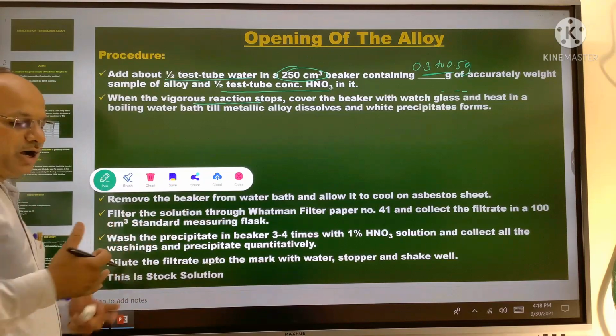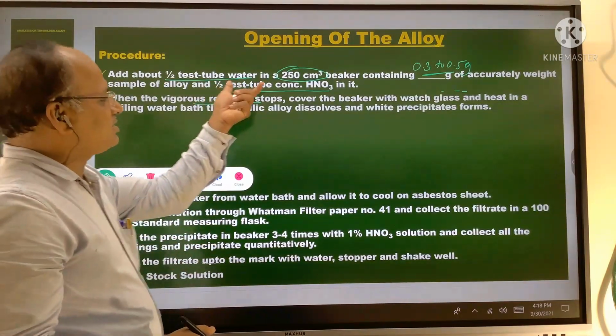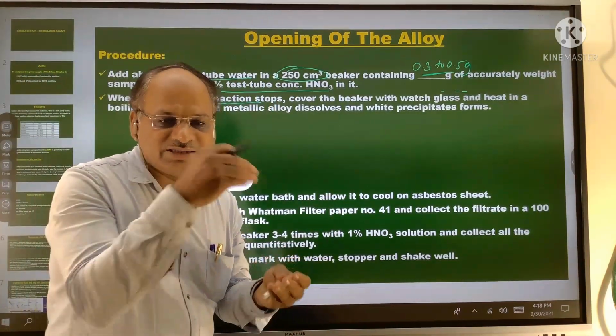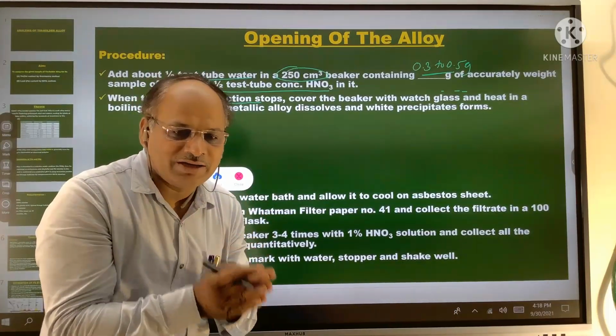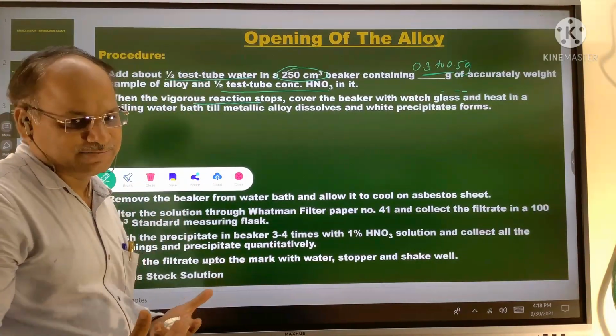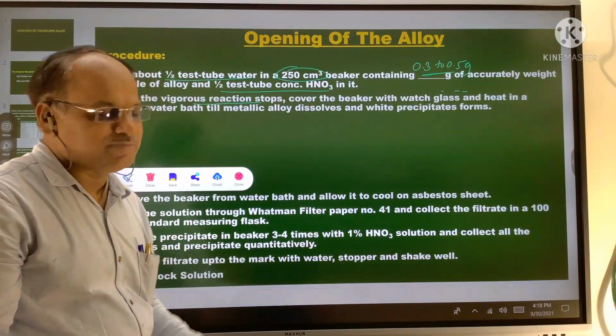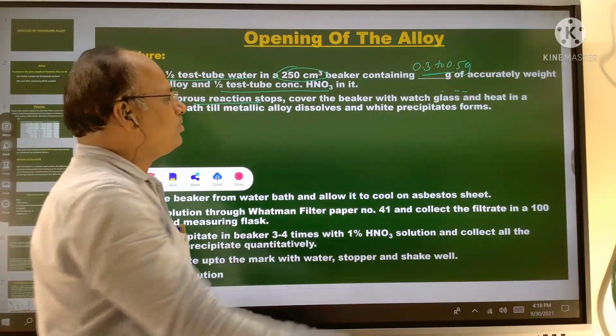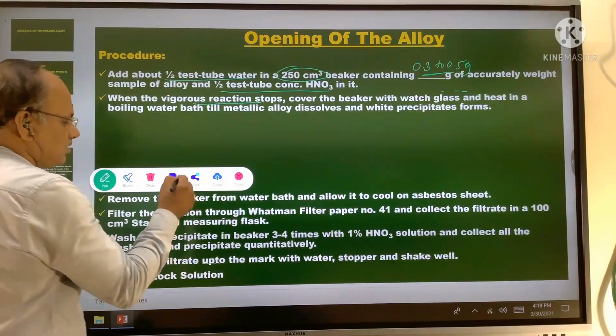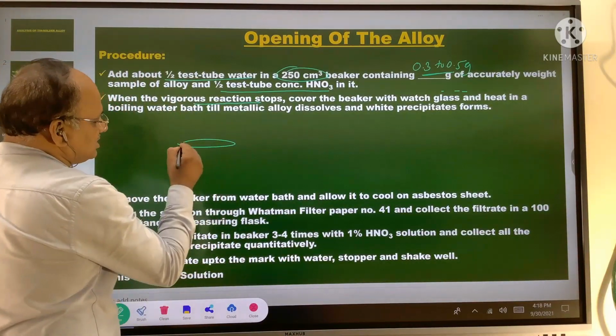Then as soon as you add the water and the concentrated HNO3 in that beaker containing the alloy, a vigorous reaction starts, and some effervescence or gases will be evolved.